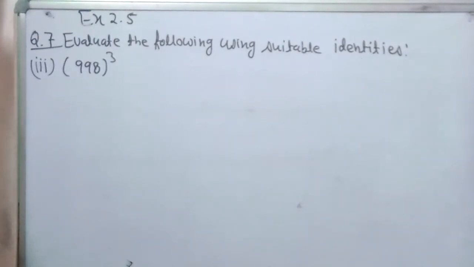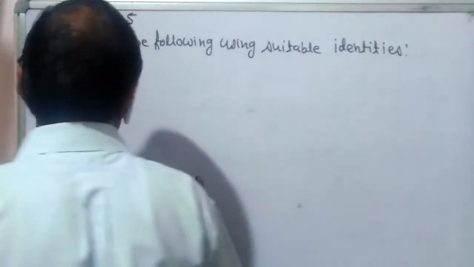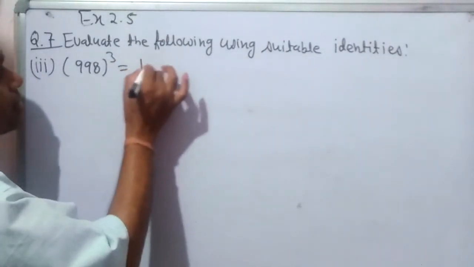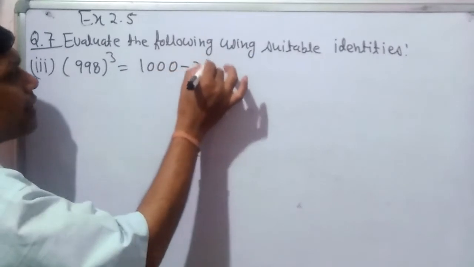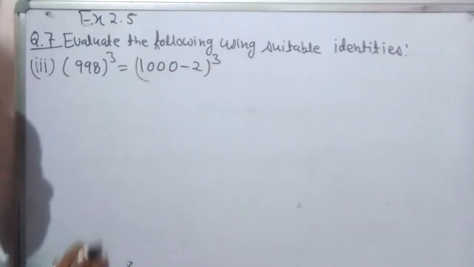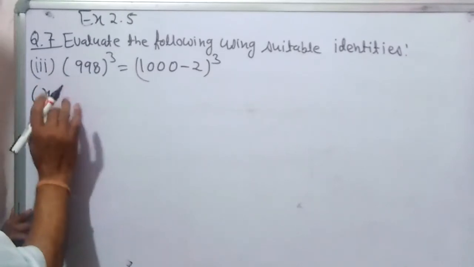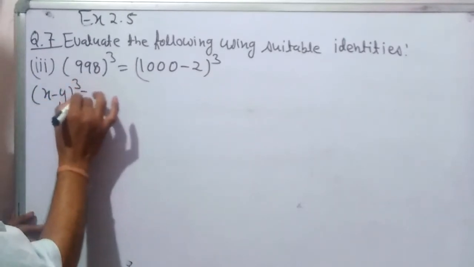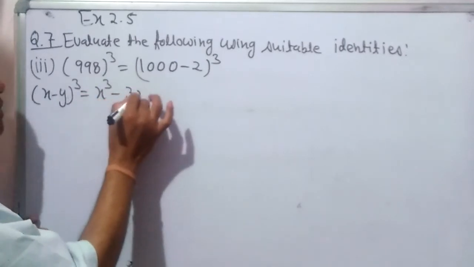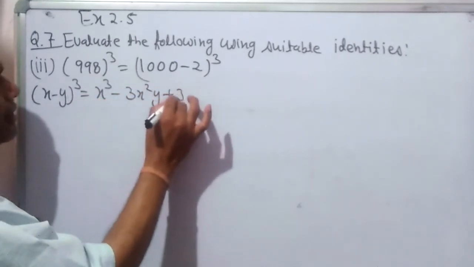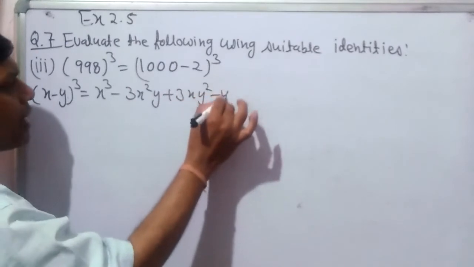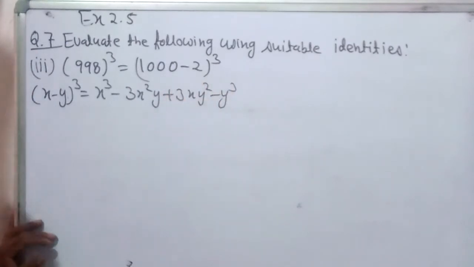The third part of it is 998 cube. We'll replace this as 1000 minus 2 whole cube. That means we have to use the identity x minus y whole cube as x cube minus 3x square y plus 3xy square minus y cube.